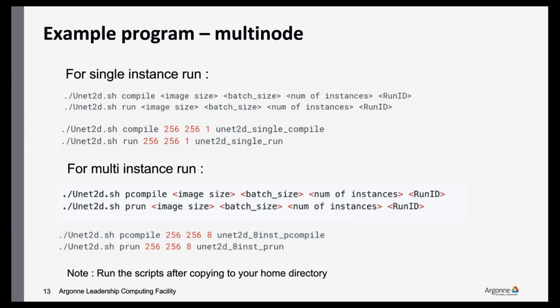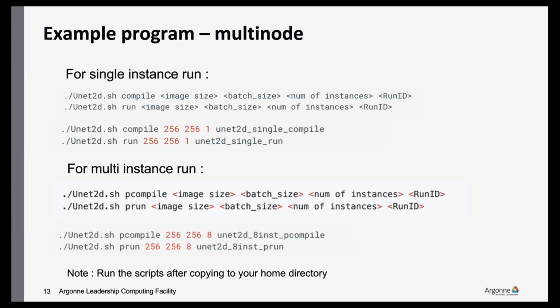For the single instance, you just use the compile and the run command. These are very specific to the kind of scripts that are being written. And if you want to use the multi-instance run, you use pcompile and prun, where p stands for parallel, to ensure that multiple instances of your program are running on different RDUs and across different nodes.